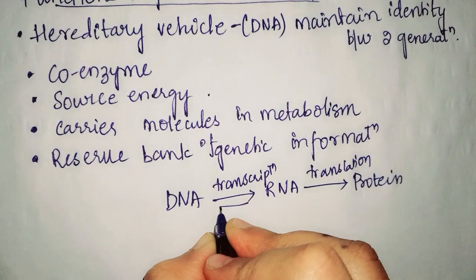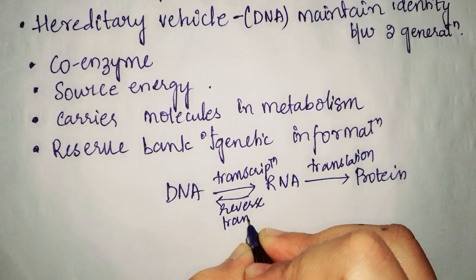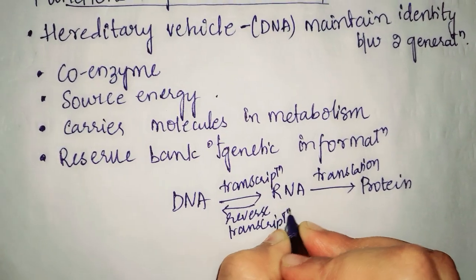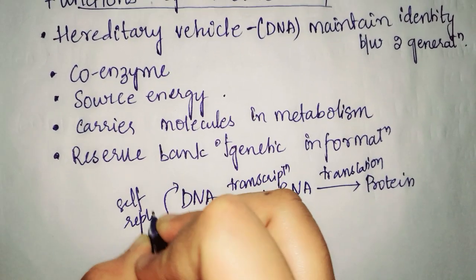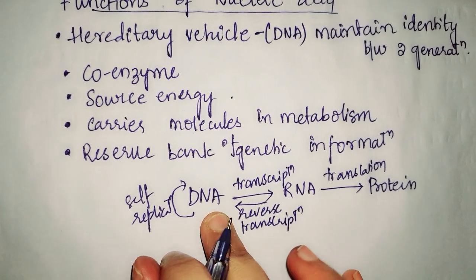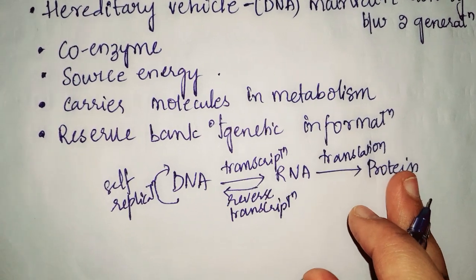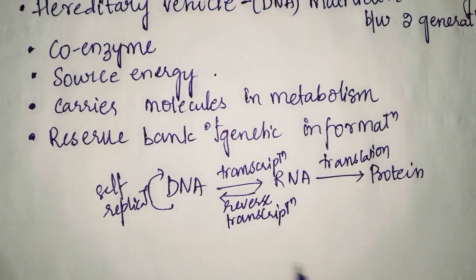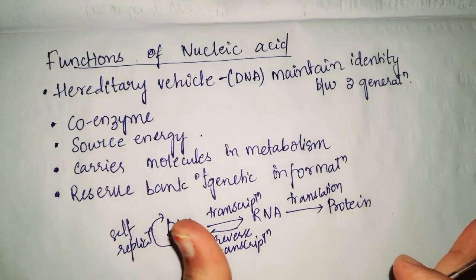On reverse transcription, it will give the DNA again, and this is self replication. DNA synthesis will give the RNA, and RNA is directed towards protein synthesis, and that's how the cycle goes on. So these are the functions of nucleic acid.